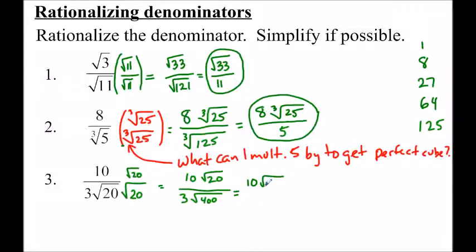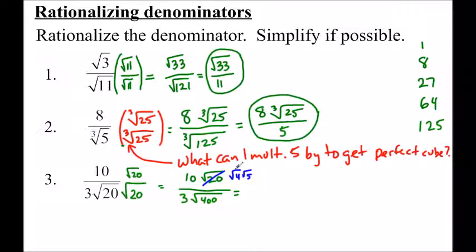So numerator, we get what we get, square root of 20. Well, as we're rewriting this, we may as well simplify it, right? The square root of 20, we know it can be broken down. We know it's got a perfect square that goes into it. We've done that one before. So we're going to take out the perfect square that goes into 20. Instead of writing square root of 20, we're going to write square root of 4, square root of 5. Okay?